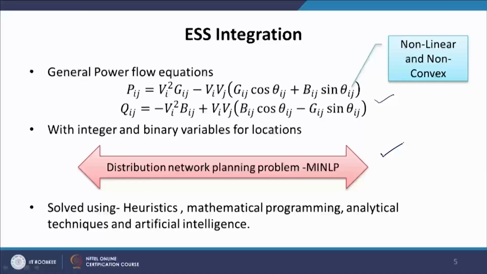So, because a battery is integrated into any distribution or transmission system, the power flow problem formulation may take the shape of mixed integer nonlinear programming. And this problem can now be solved, as I told you in the past, using heuristics, mathematical programming, analytical techniques, and AI and ML approaches.